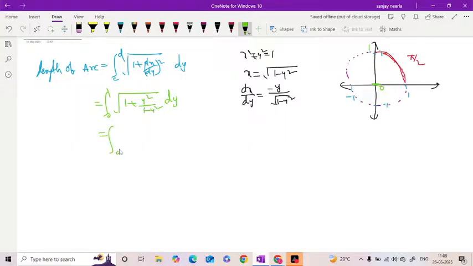That means integral 0 to 1, after rewriting, 1 by under root of 1 minus y square into dy. Now the integration of this one is sine inverse of y, limits 0 to 1. That means sine inverse 1 minus sine inverse 0. So we know that answer is pi by 2.